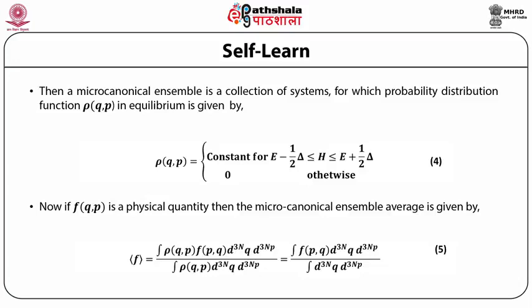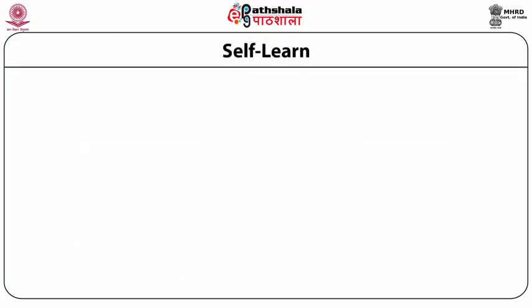This is in fact equal to the integral of f(q,p) over the whole phase space divided by the integral over the phase space, because rho in the numerator and the denominator is constant and cancels. Now we will look at the applications of the microcanonical ensemble.